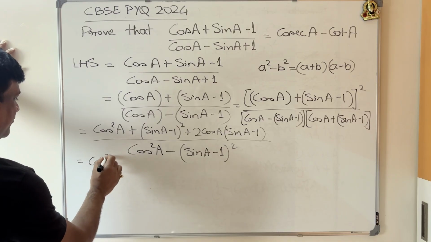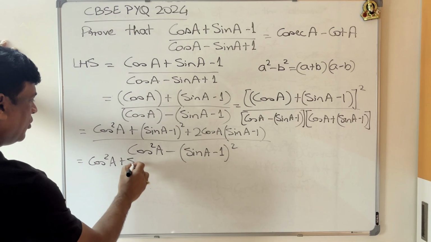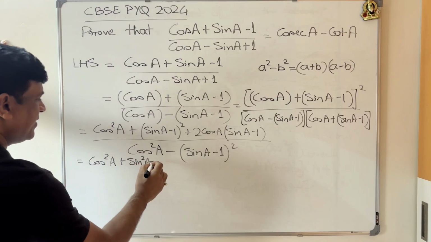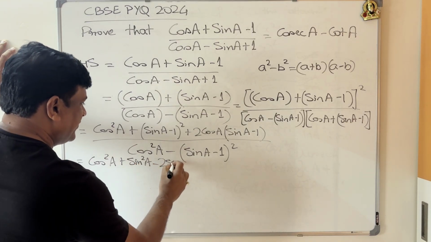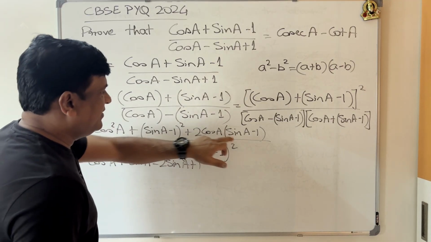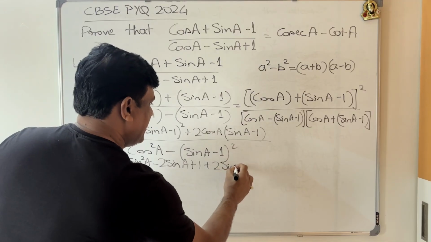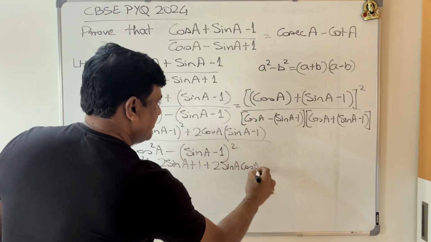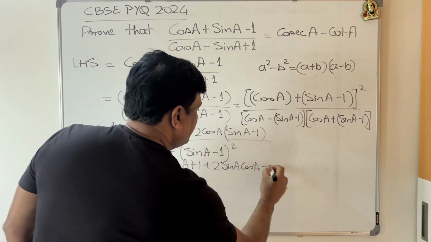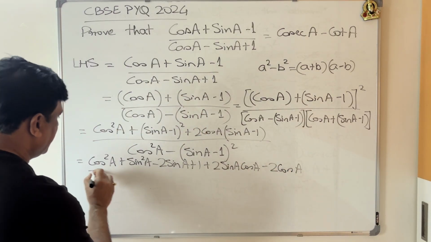You get cos square A in the numerator plus, when you open this, sin square A minus 2 sin A plus 1, and this one plus 2 sin A cos A minus 2 cos A. That's your numerator. We have opened up everything.